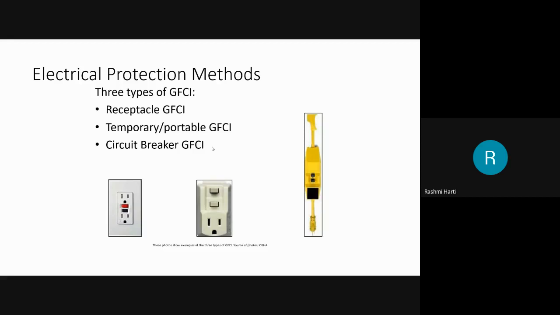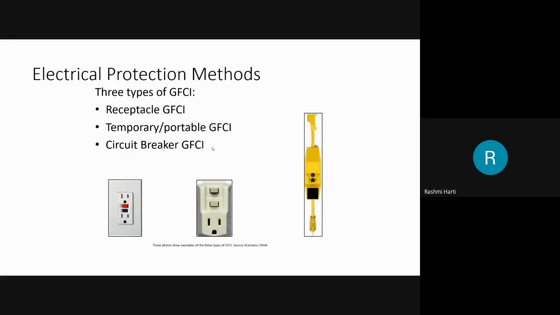Then you have circuit breaker GFCI. Here this particular GFCI circuit breaker controls an entire circuit, and is installed as a replacement for a circuit breaker on the main circuit board. So rather than installing multiple GFCI outlets, one GFCI circuit breaker can protect the entire circuit.